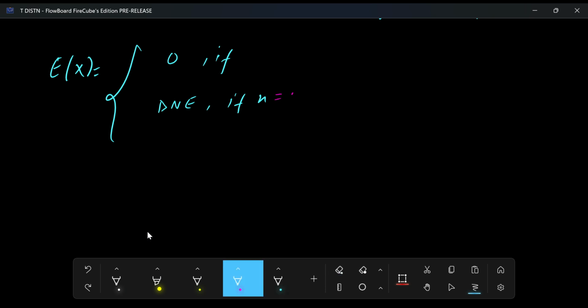If n is equal to 1, the expectation does not exist. If n is greater than 1, expectation of x will be 0.